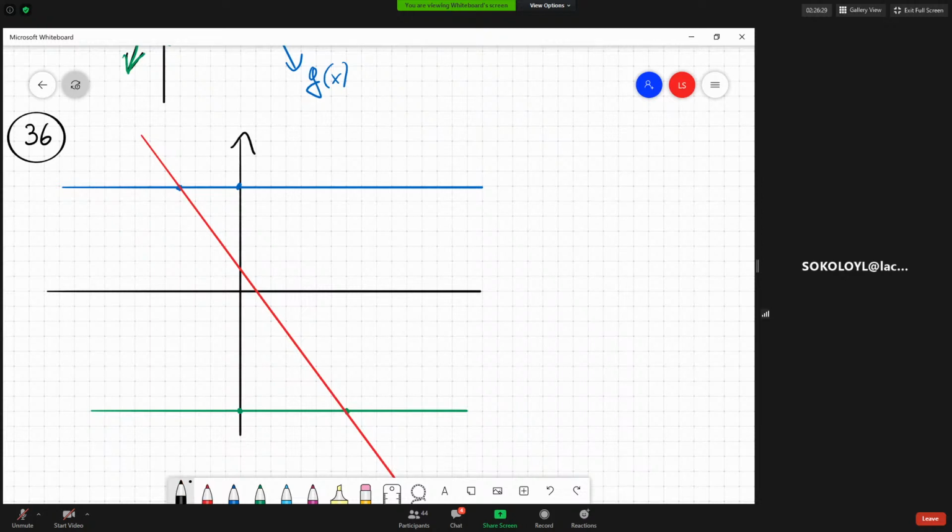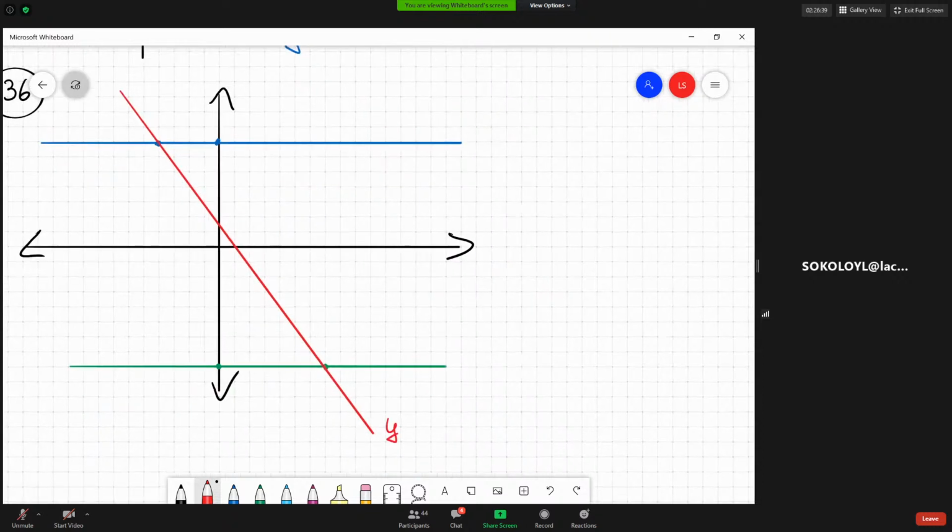So these are my coordinate axes, my x, y axis, and the red line is y equals f of x. The green line is g of x. The blue line is h of x.